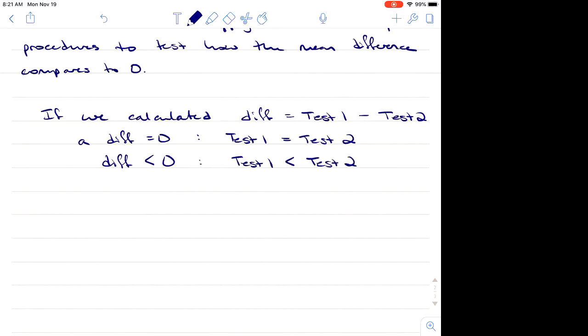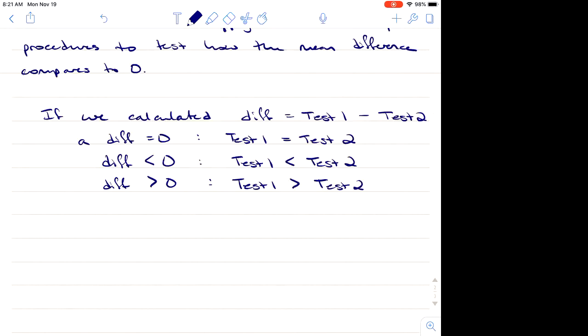What if you have a positive difference in this case? The difference is greater than 0. Then test 1 must be greater than test 2. Your test 1 score was higher than your test 2 score. So these differences tell you what happened for each individual.